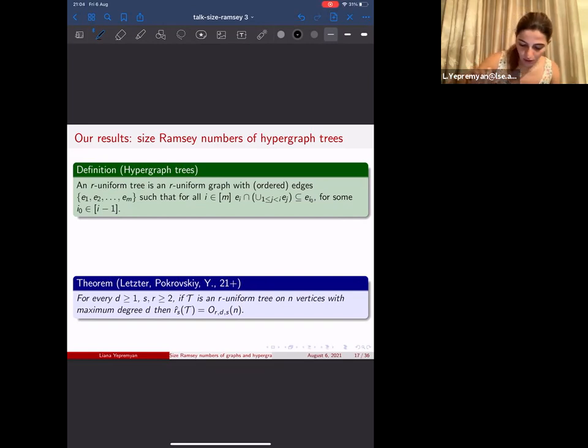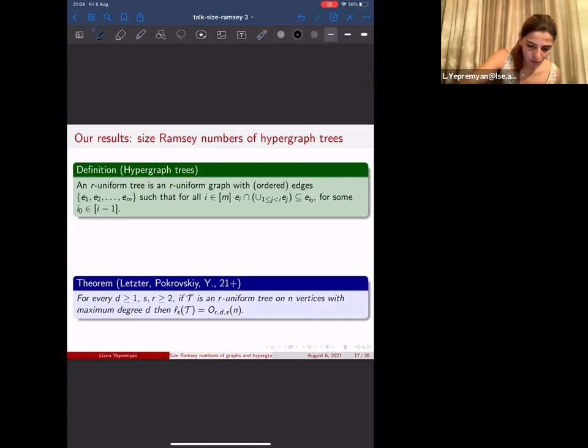An r-uniform tree is an r-uniform graph with ordered edges E1, E2, up to Em, such that for all i, Ei intersects the union of all the previous edges in a set which is a subset of some Ei0 that comes before i.